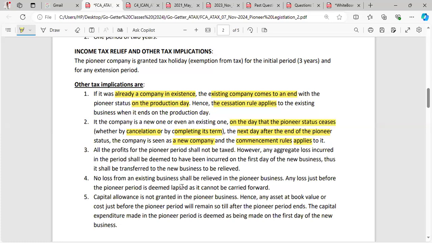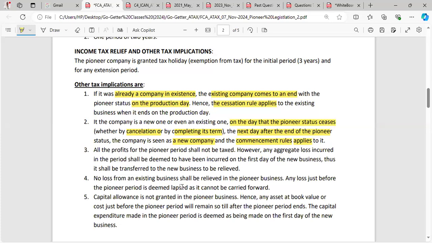So you see something in a question, a company might be in existence and you'll be seeing information about filing tax. Then they now give you a pioneer date, which is a production date. You know that you will do cessation rule because before the production date, the company was in existence.